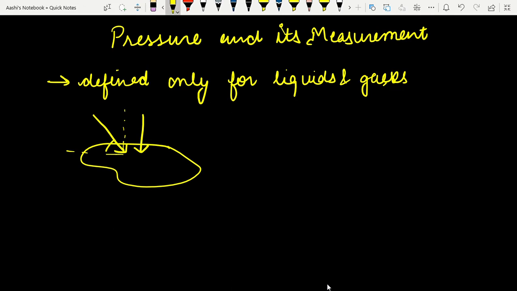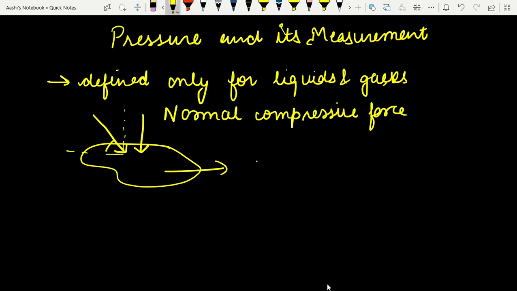So pressure is always normal compressive force per unit area. Let's say this is area A. So normal compressive force per unit area is pressure. From now onwards you should not say just force per unit area, because there is one more term that we use for force per unit area, that is stress.